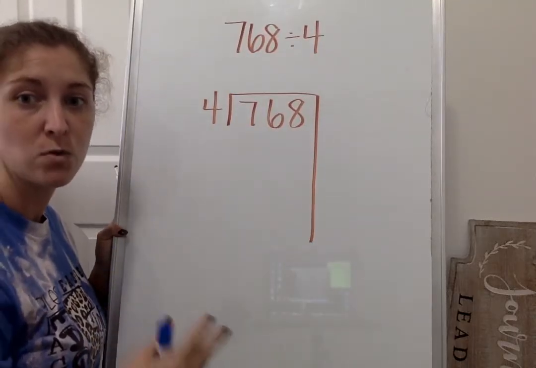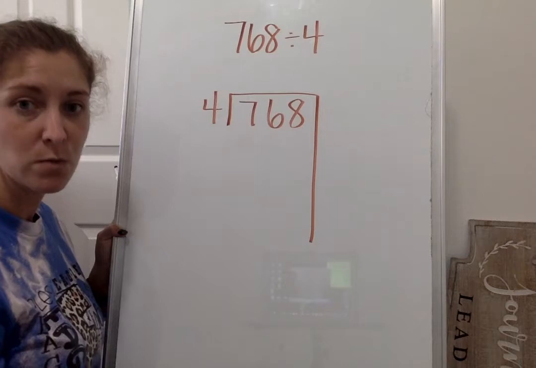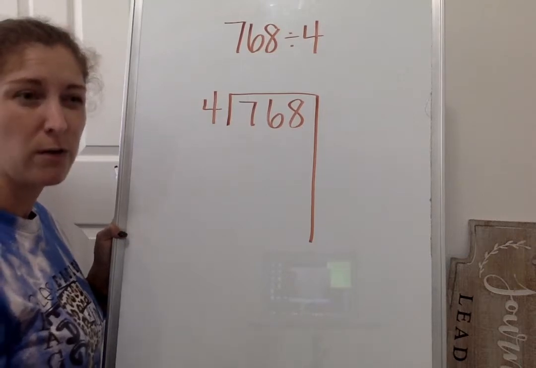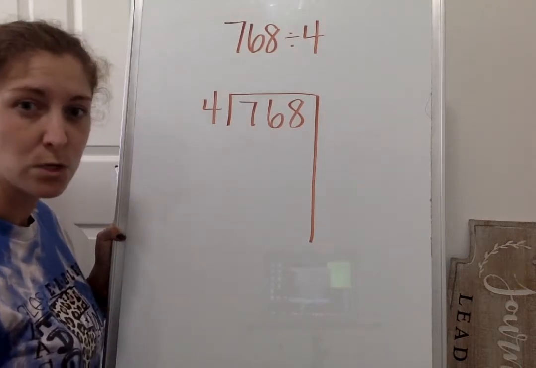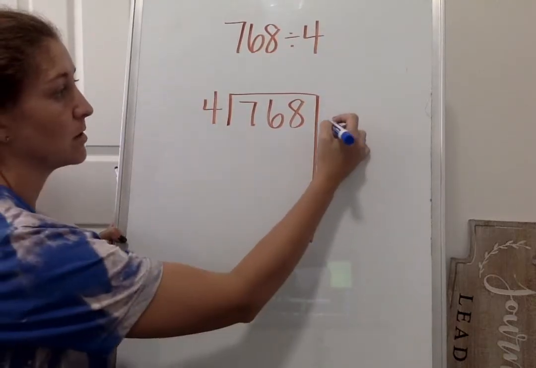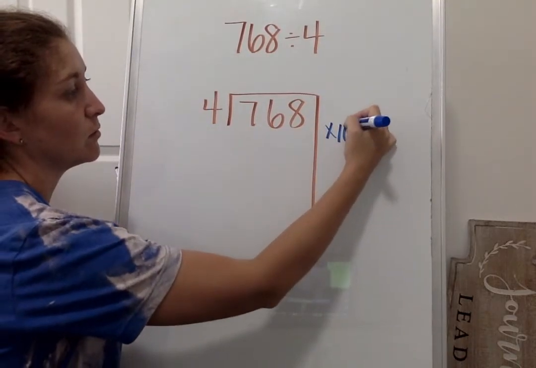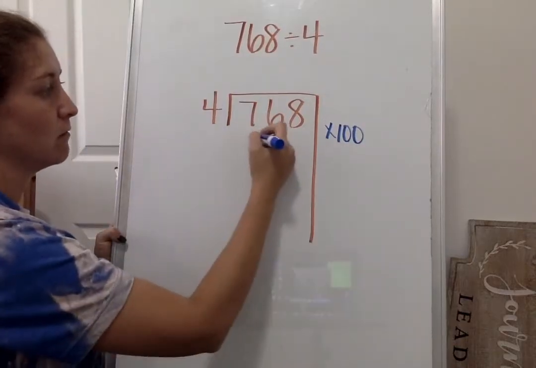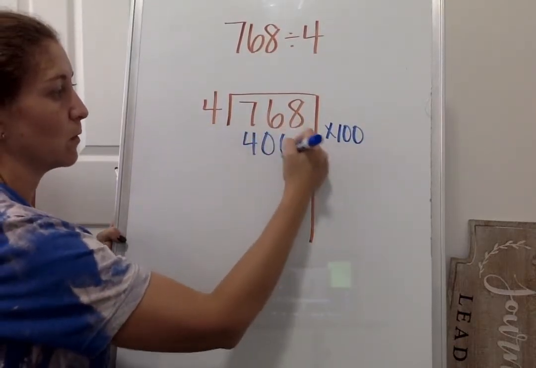What about 4 times 100? That's 400. What about 4 times 200? That's 800, so that's too much. So I'm going to start first with multiplying by 100, and 4 times 100 is 400.